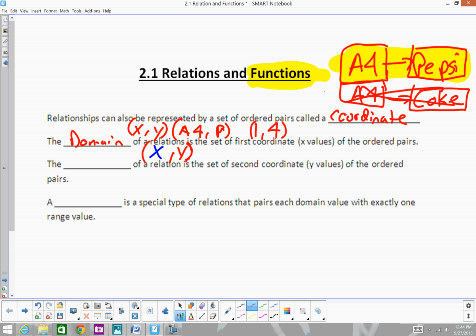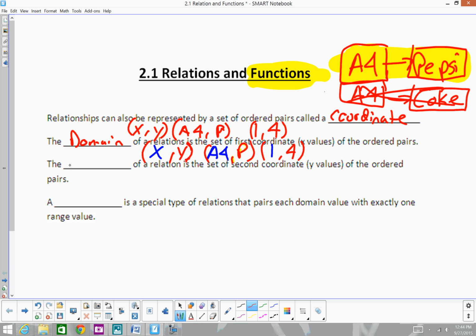In my example of A4 comma P, for A4 and Pepsi, my A4 is going to be my domain, or my input, and my P is going to be something slightly different. I'll talk about that in a moment. And in my example of 1 comma 4, the 1 is part of the domain because it's the first set of values.